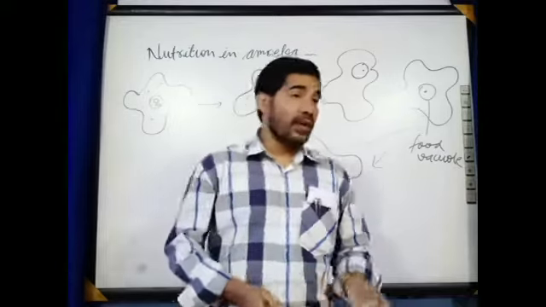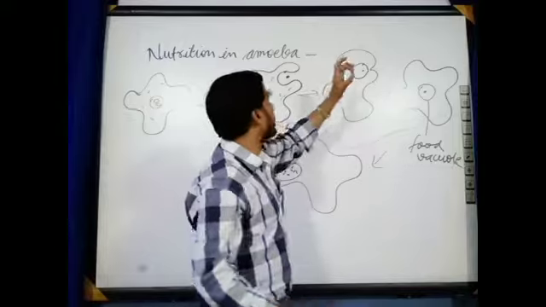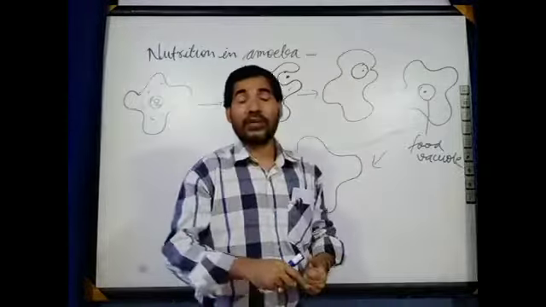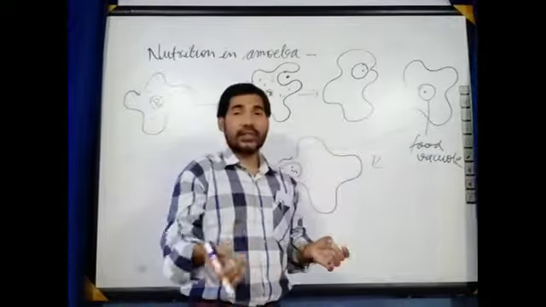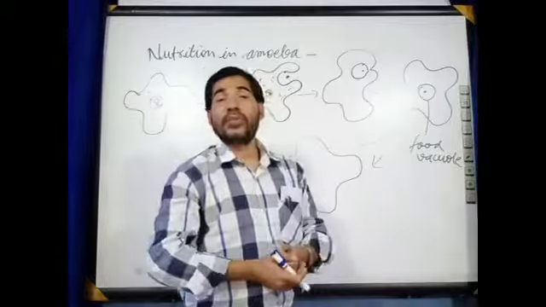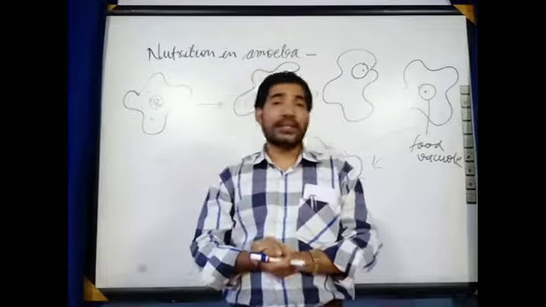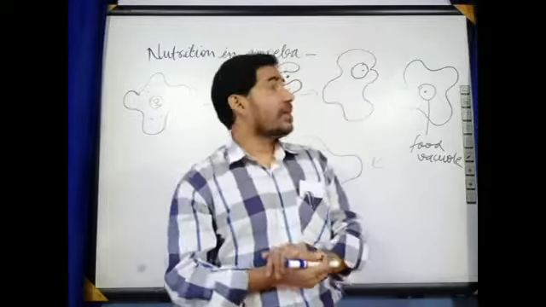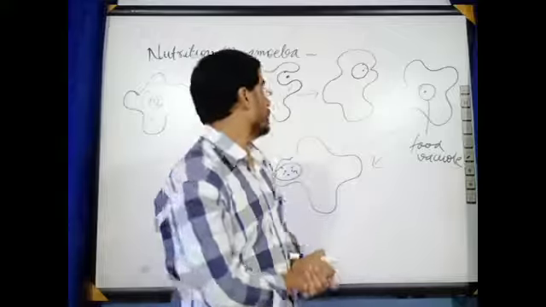Finally, where both ends of the pseudopodia touch, the plasma membrane of that place gets dissolved, and the food goes inside the body of the amoeba, surrounded by a membranous structure. That membranous structure is called the food vacuole, in which the food particle is present.